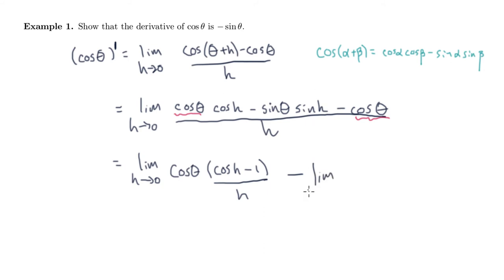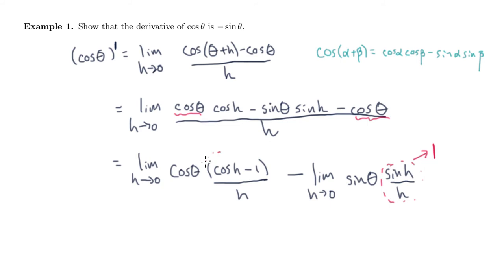And then now we're subtracting this middle term. So we have the limit of that. And again, I'm going to write it as sine theta times sine h over h, because we want to isolate that sine h over h because we know what the limit is. This limit, sine h over h, as h goes to 0, is going to 1.